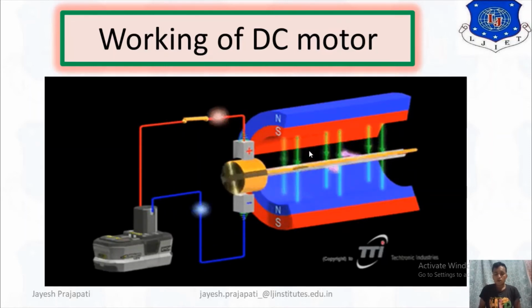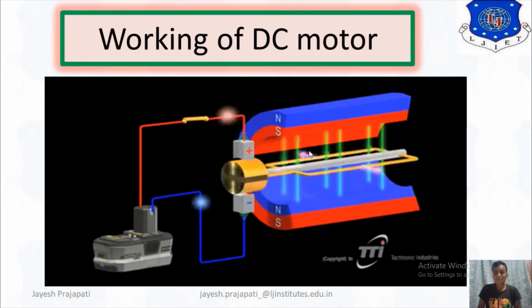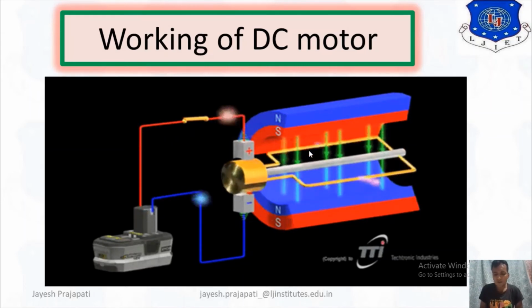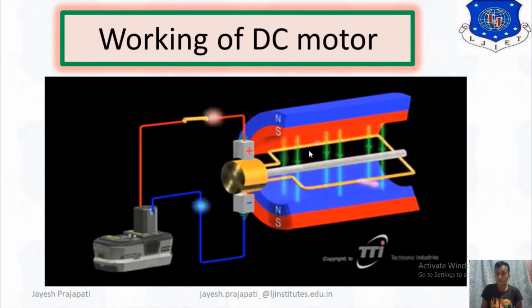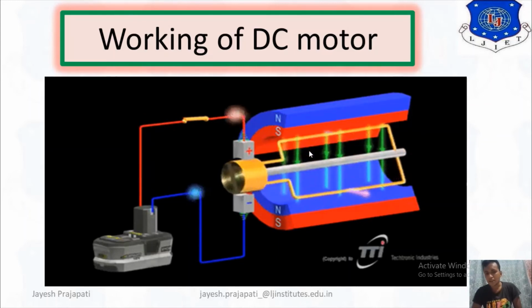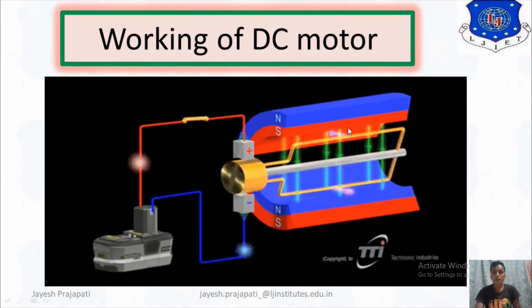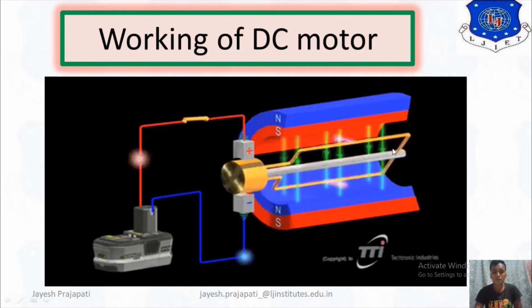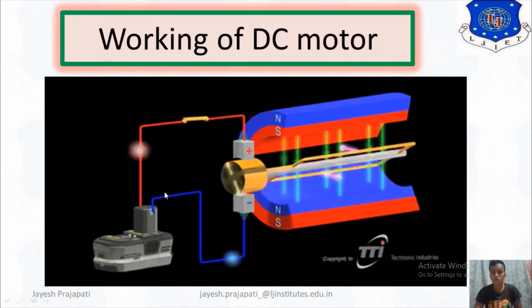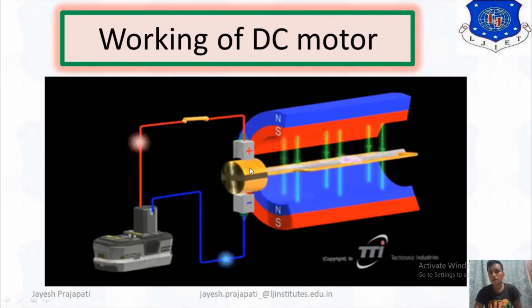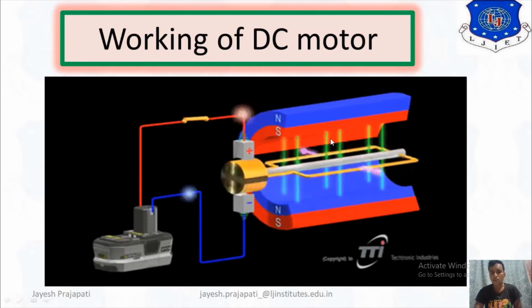Now let a straight conductor be placed in the magnetic field produced by the permanent magnet. You can see here there is a permanent magnet, so it produces a magnetic field. And when we give a DC supply via the brushes to the commutator, it flows through the armature windings.